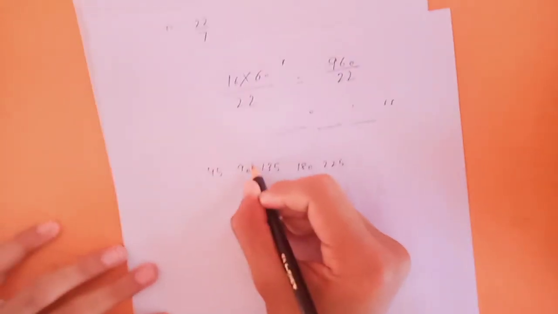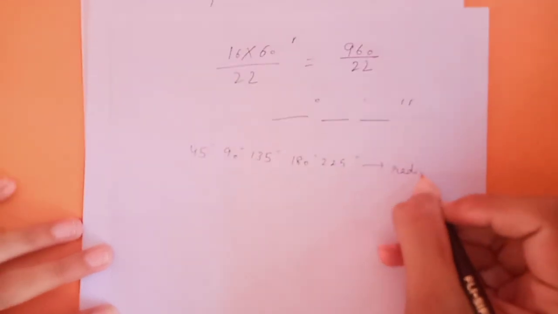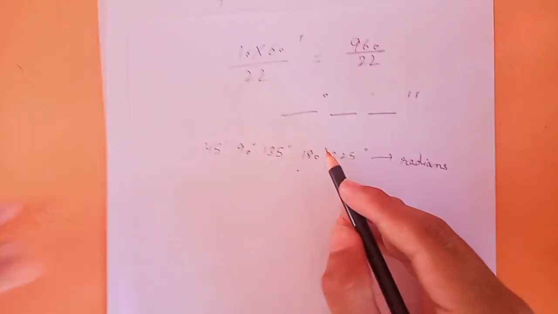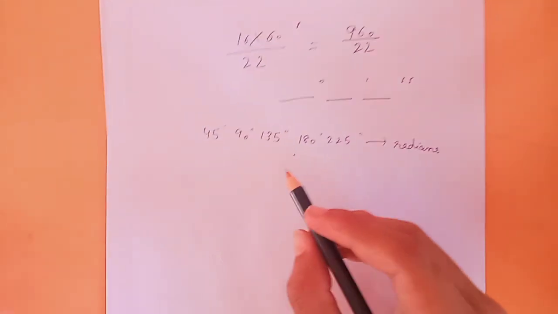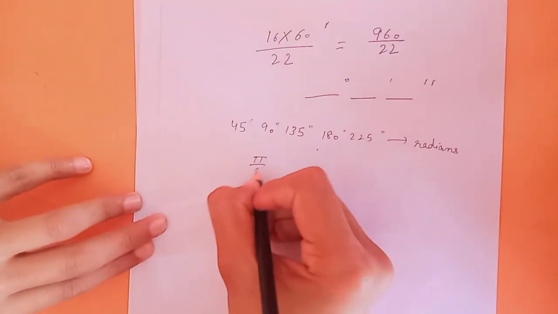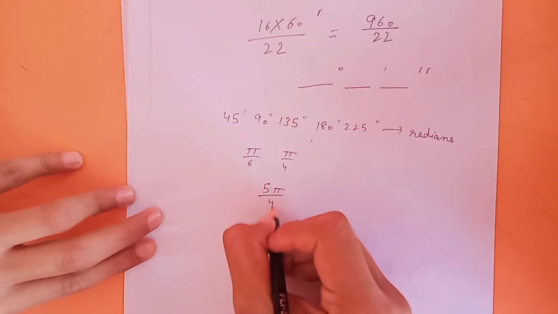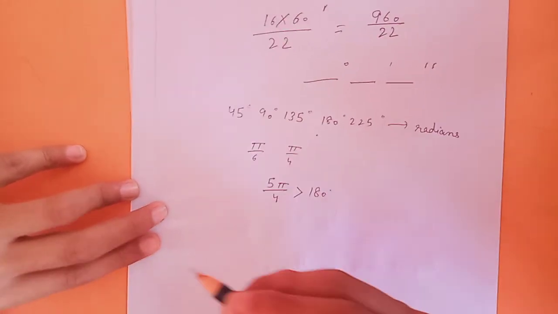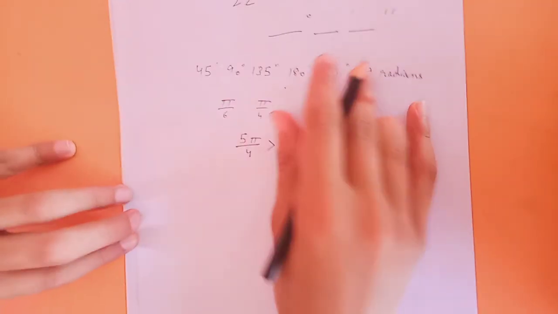These all degrees into radians. Why are these useful? Because further on, when you solve questions, you will not only get angles like pi by 6 or pi by 4, you will get 5 pi by 4, that is exceeding, that is more than 180 degrees. So you can do this. Understood? It will be very helpful to you.